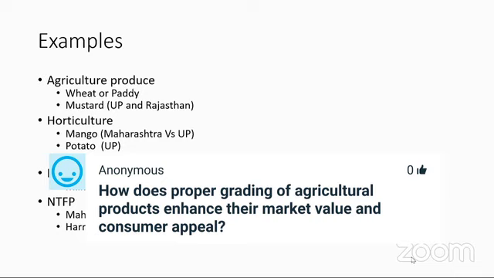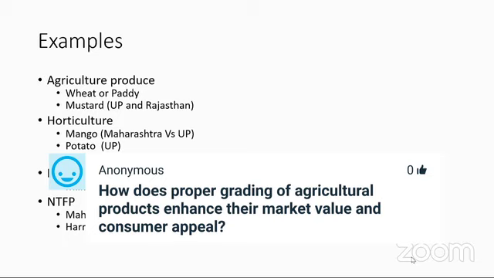In mandis where the oil content was being tested, the average price for mustard was at least 100 rupees per quintal higher than in the mandis where there was no testing or grading of the produce. So it always helps if you are grading your produce.